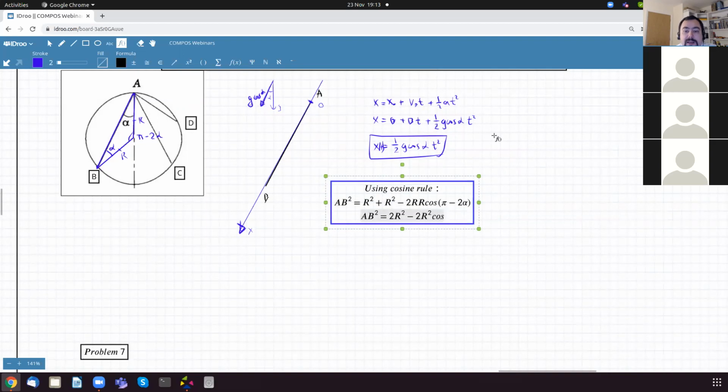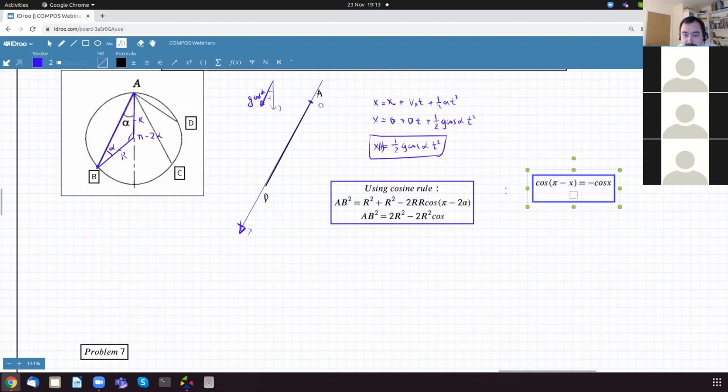Now, on a side note, we know that cosine of pi minus 2 alpha, pi is 180. One of the formulas that you had in the maths assignment is that cosine of pi minus x is equal to minus cosine of x.